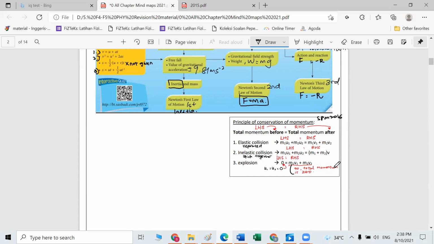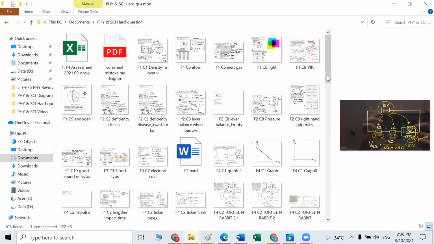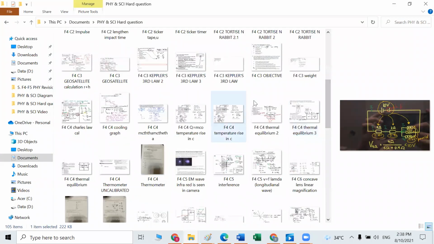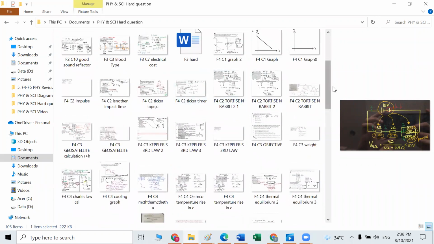Okay, so normally this will exist in objective questions. They ask you, let me check. Form 1, Chapter 4, Chapter 2.